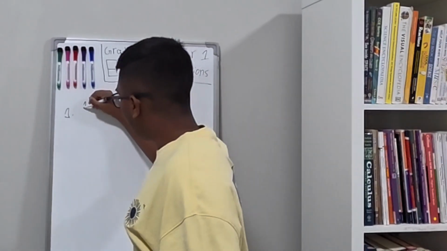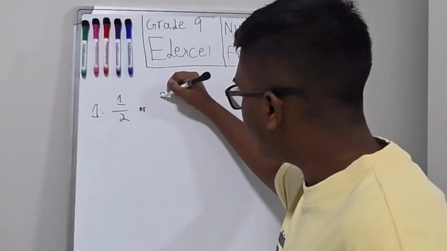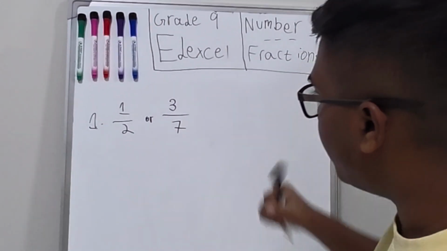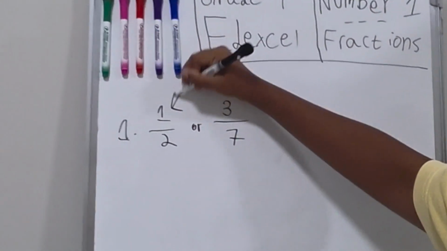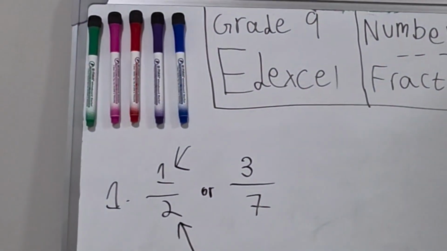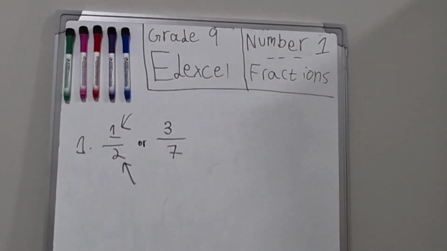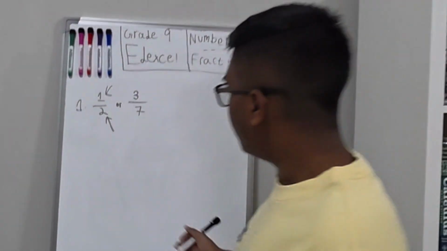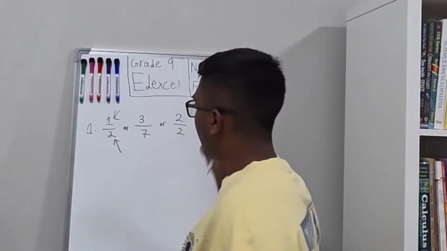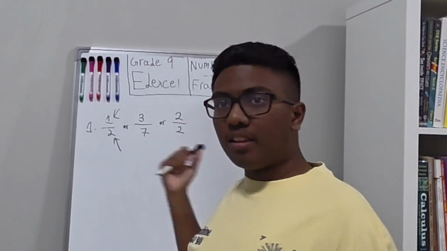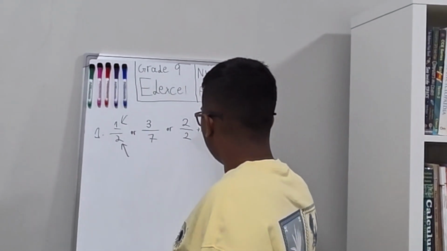For example, 1/2 or 3/7. You see here, this is the numerator. This is the denominator. Evidently, 1 is less than 2. But we could also consider 2/2 a proper fraction. It is still a fraction, although this is just equal to 1.